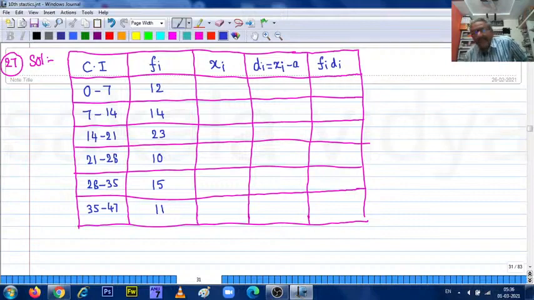First let us write the mid value. To find the mid value, here 0 plus 7 upon 2, that will be 7 by 2.